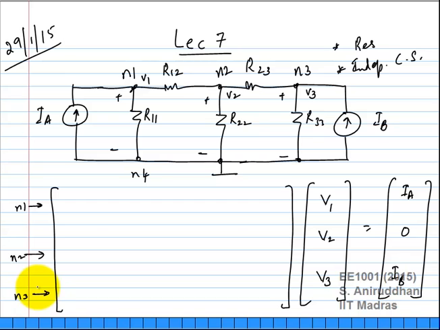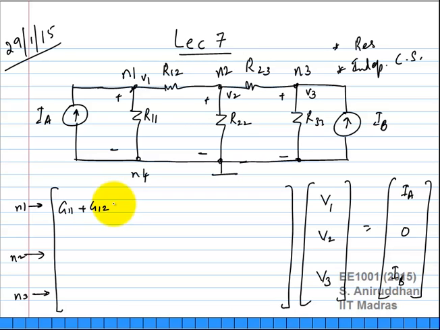Okay, and the terms are also easy to write down. First of all, the diagonal terms. What are the diagonal terms in this conductance matrix? They would be the sum of all the conductances connected to that particular node. Okay. So in this particular case, I have G11 plus G12, right? I only have 2 conductances connected to that node.